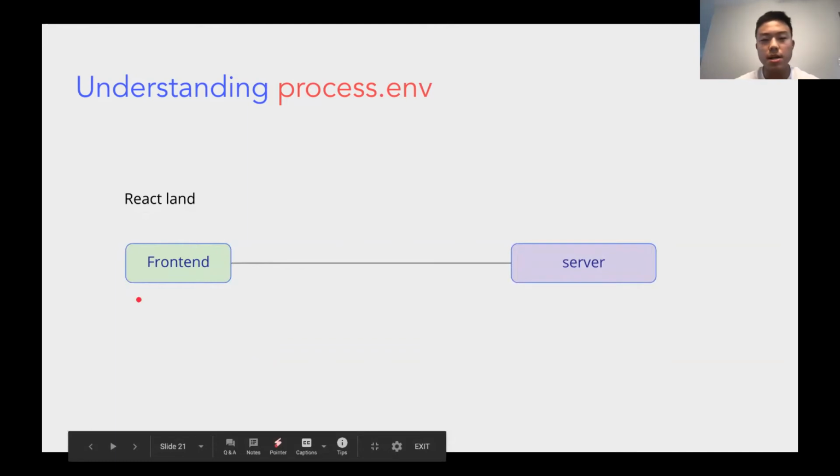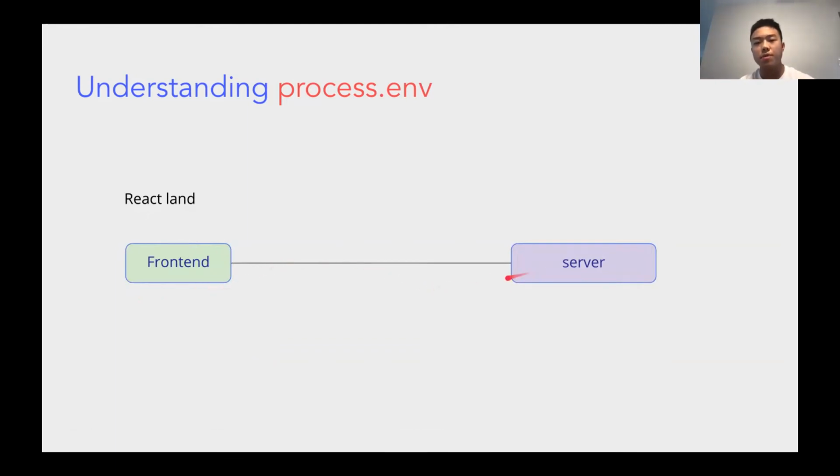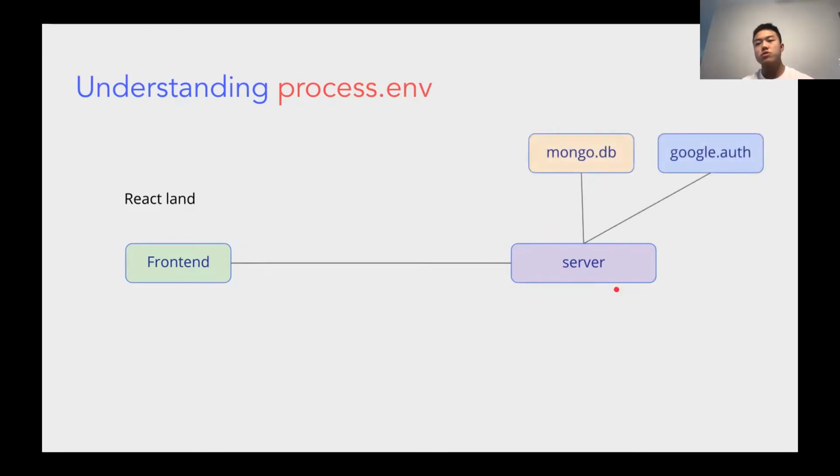It's rendering our website, and then it's calling things from the back end, from the server. So whenever you need to log in, whenever you need to access data from your database, you're going to talk to the server. And the server then is going to reach out to these helper sort of things that exist, like the database for retrieving and storing data, or Google Auth for handling login.